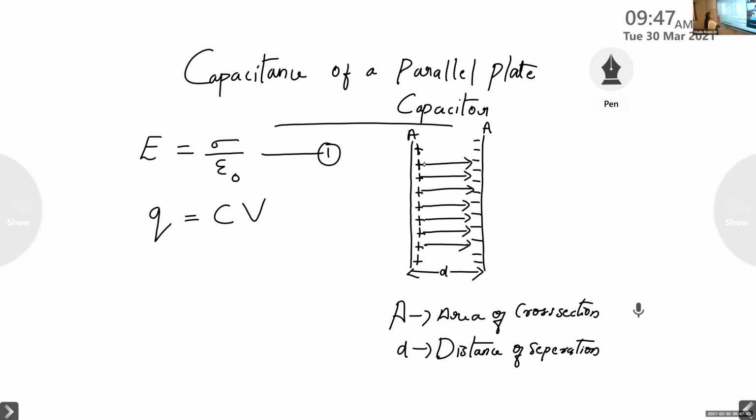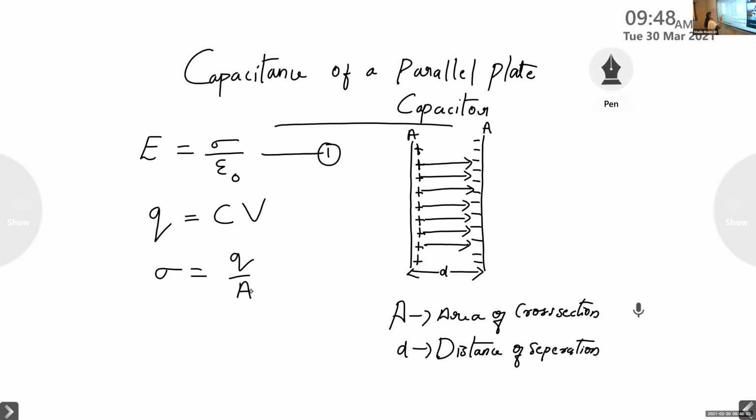So we know that the surface charge density sigma is equal to Q divided by A, that is, the charge distributed per unit area of the conductor.